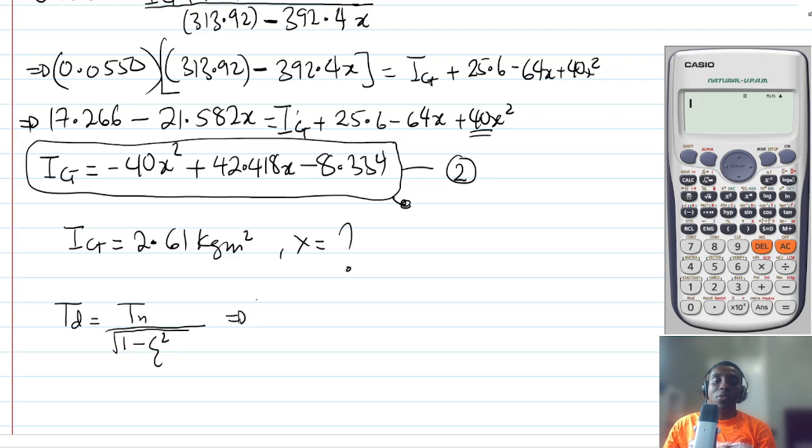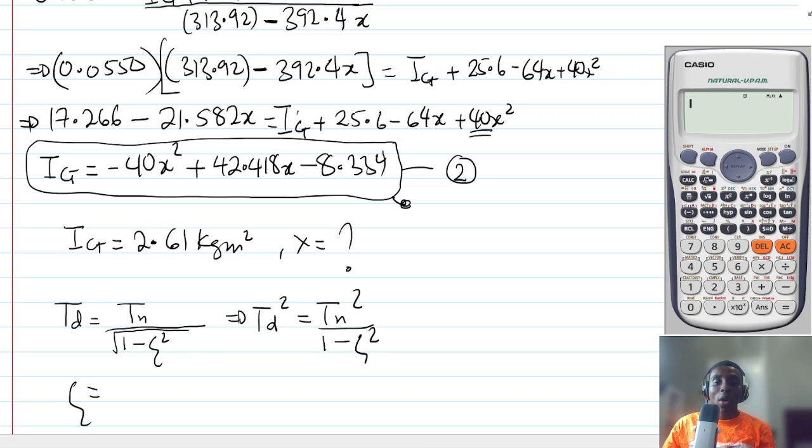If you square both sides, you have Td squared equal to Tn squared divided by 1 minus zeta squared.